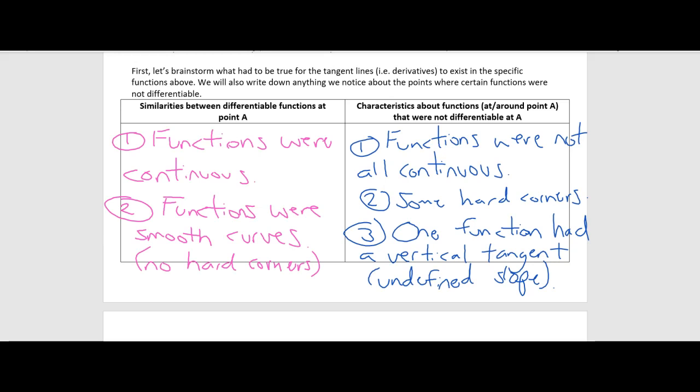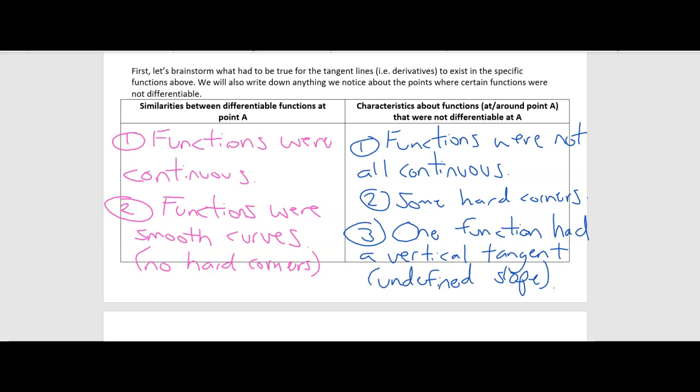All right, so some of the similarities, the functions that were differentiable, and differentiable just means that you were able to take the derivative. Being able to take the derivative means that you're able to draw a tangent line that has a real number slope. So all of the functions that were differentiable were all continuous at that point A. And they were all smooth curves, so they didn't have hard corners.